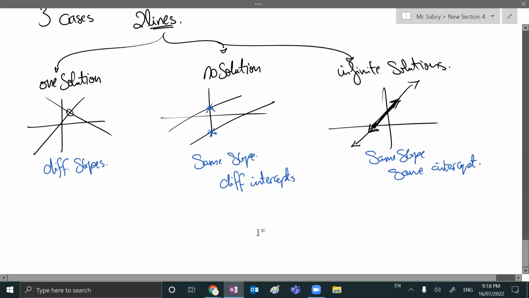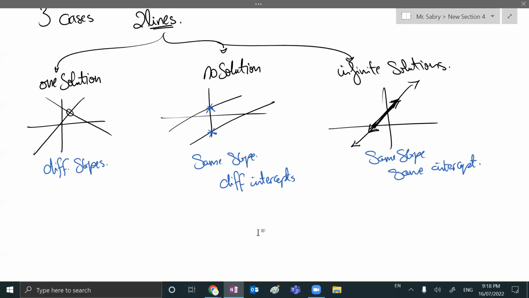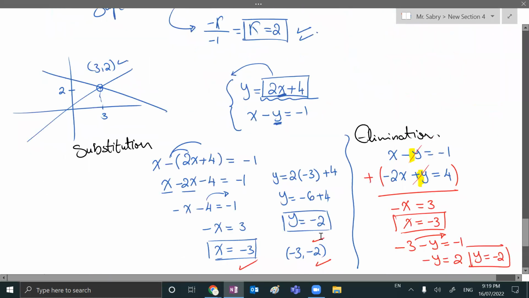Mister, the x and the y that we got from the equations above, are they considered the solution, right? Yes, this solution. This is the point that, if I took this point of negative 3 and negative 2 and substituted here or here, it will work out. Meaning, if I remove the y and put negative 2 instead, and remove the x and put negative 3 instead, I'll find the left side of the equal is exactly equal to the right side. Here it will come out negative 2 and here it will also come out negative 2, so both sides are equal.